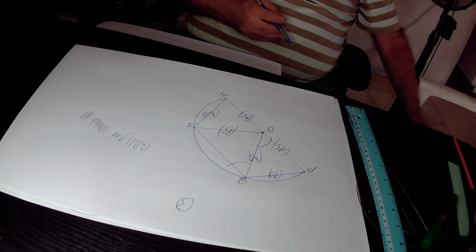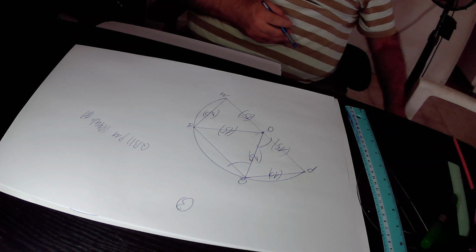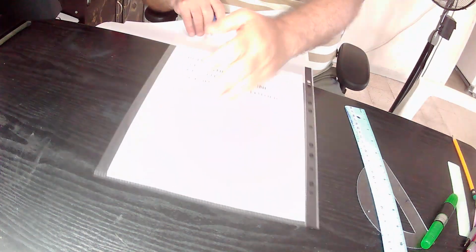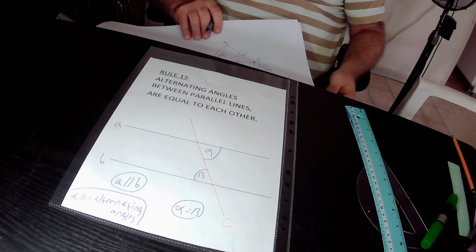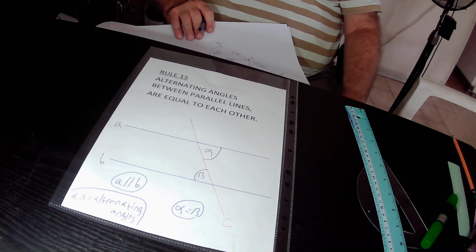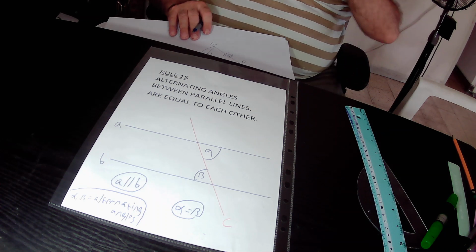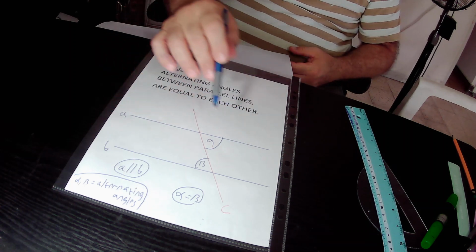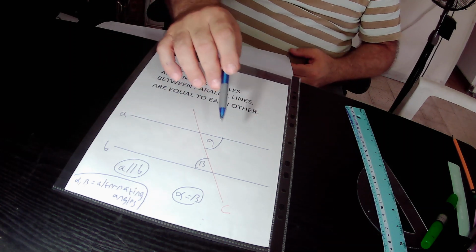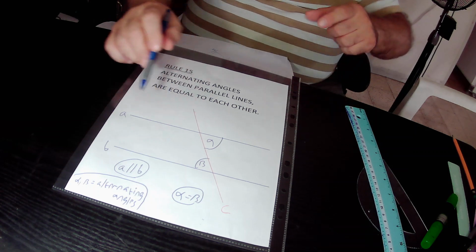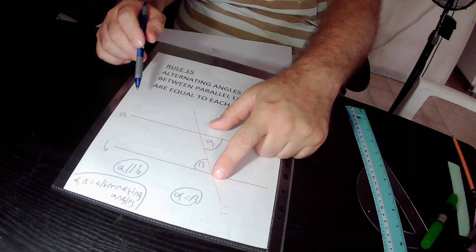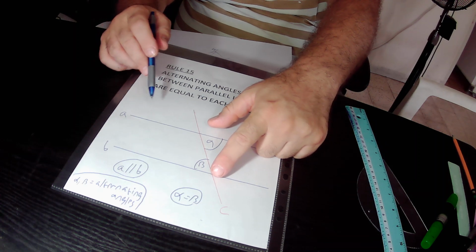So I repeat quickly Rule 15. According to Rule 15, alternating angles between parallel lines are equal to each other. So we have in the drawing line A that is parallel to line B. The red line C cuts those two parallel lines A and B at those two points.